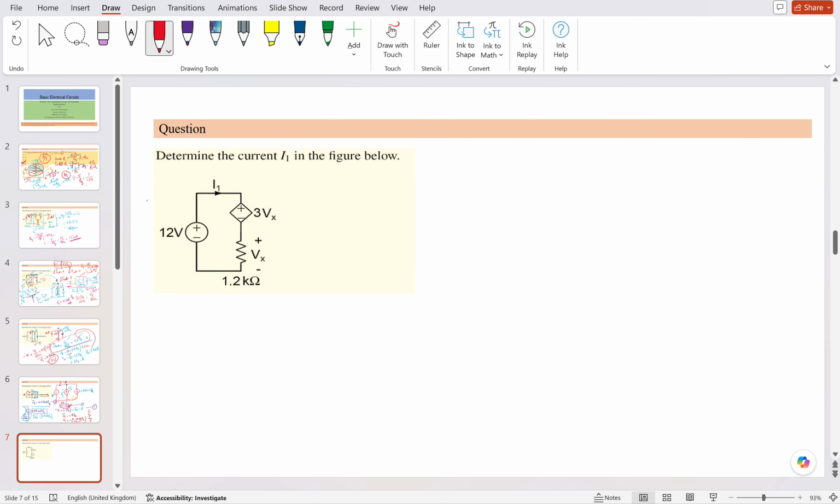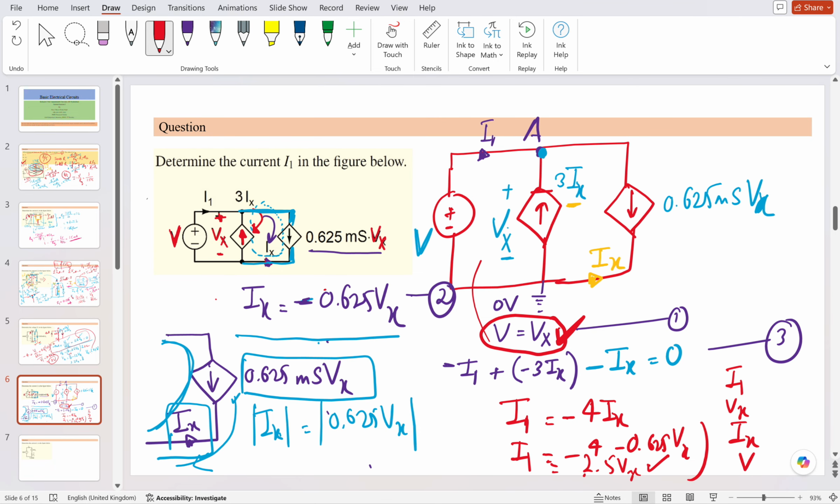So I'm having a doubt in the previous problem. Yes, tell me. If we write down KCL at point A, let us say, then I1 plus 3 times Ix minus 0.625 milli Vx is equal to 0.